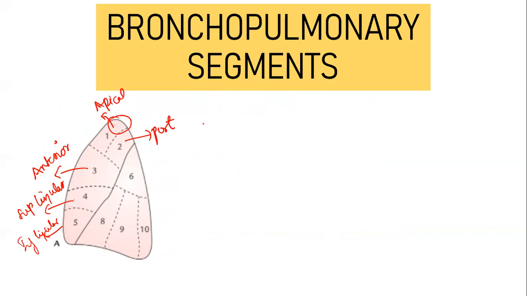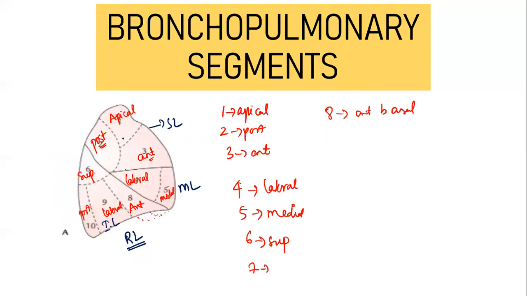First one is apical. Now 7 is medial basal, similar to the right lung. 8 is anterior basal, 9 is lateral basal, 10 is posterior basal. So it is very similar to what we saw in the inferior lobe of the right lung, right?